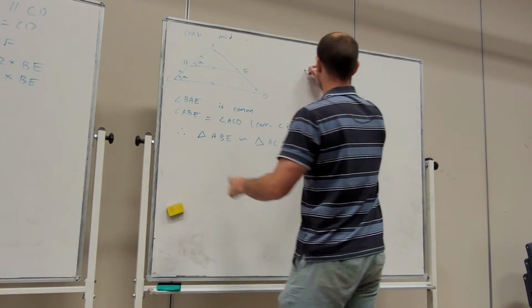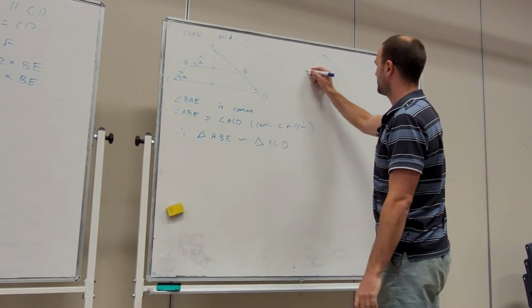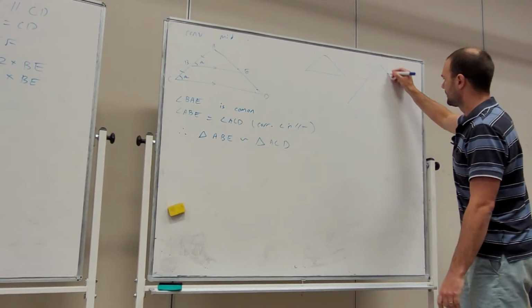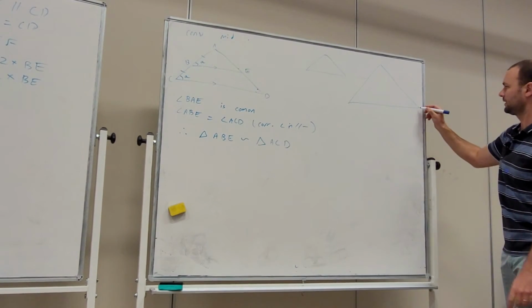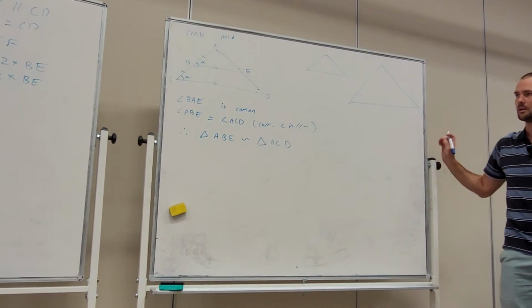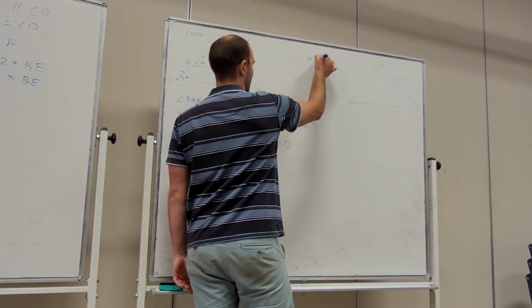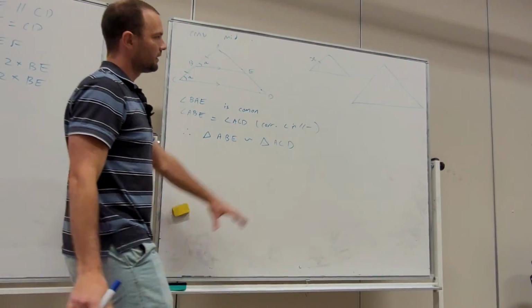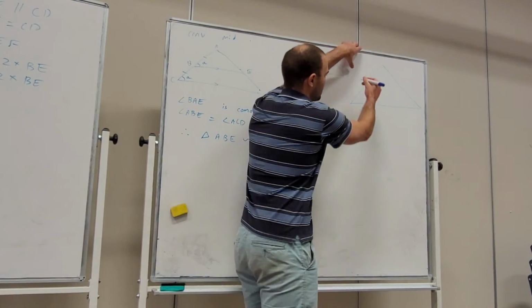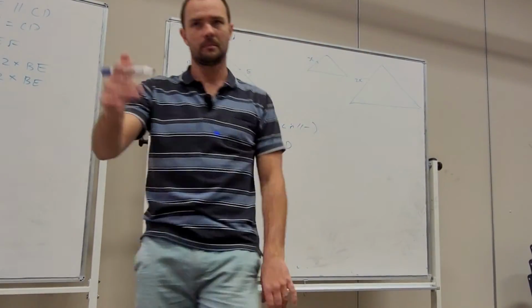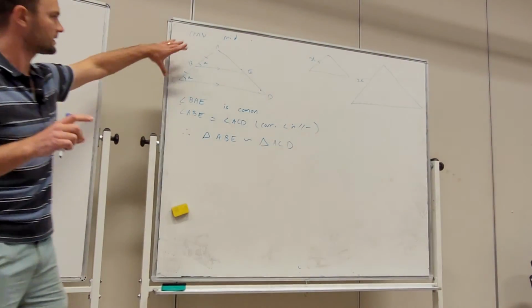And I might draw them both separately. I'm just going to isolate them for the purposes of our proof, just so we can see pretty clearly what's happening. So if we define this length as x, that means this length here is going to be 2x because it's twice as far.